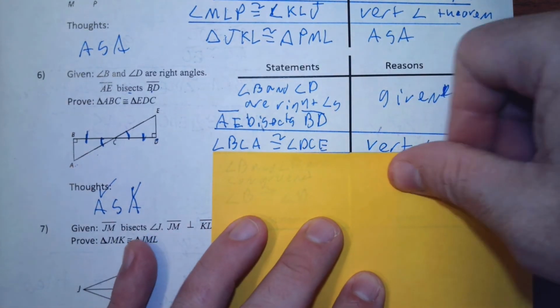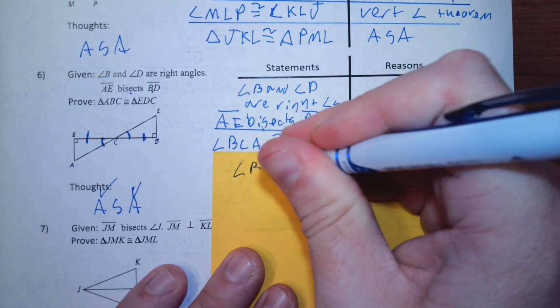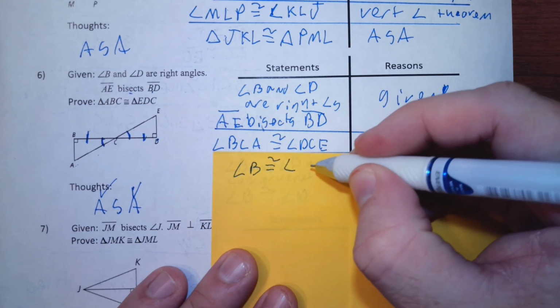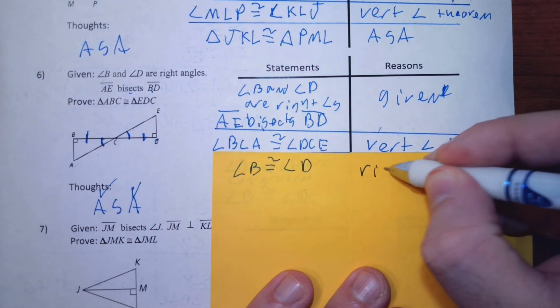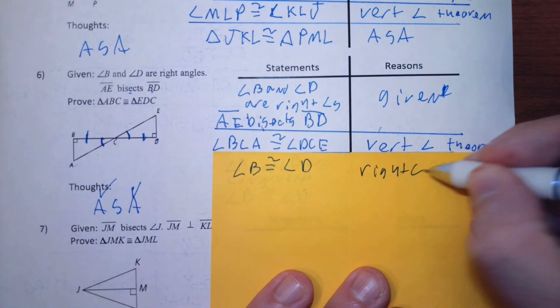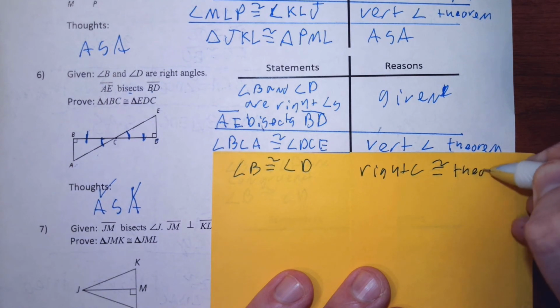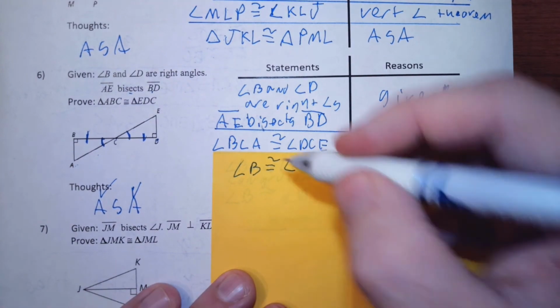That's better. So what do we have here? We had angle B is congruent to angle D. And we said right angle congruency theorem. Okay. All right, let's keep going.